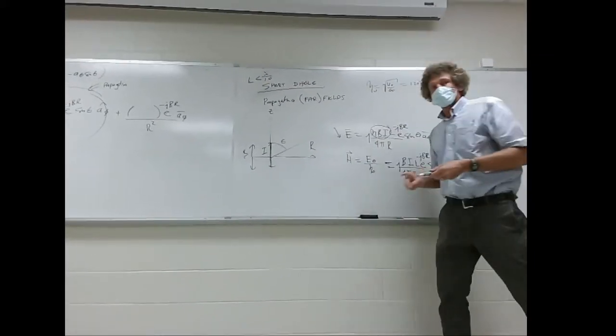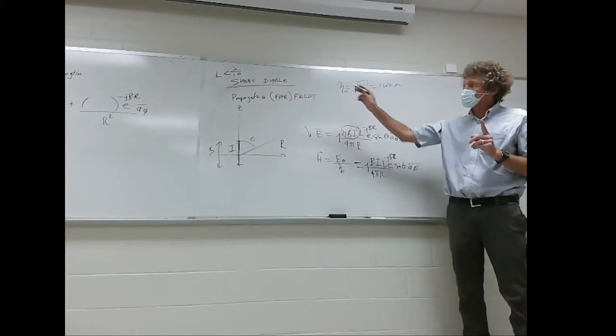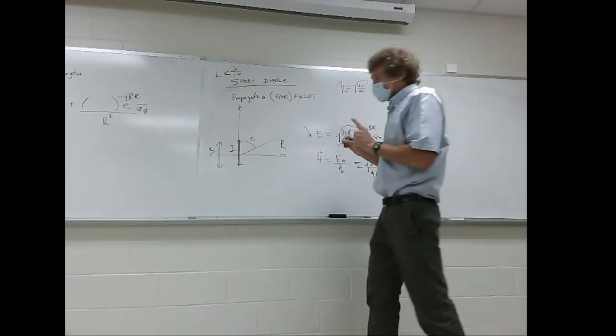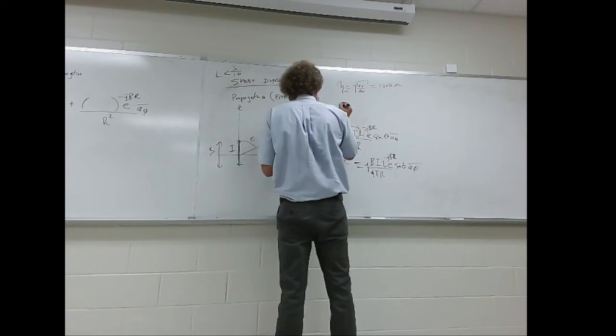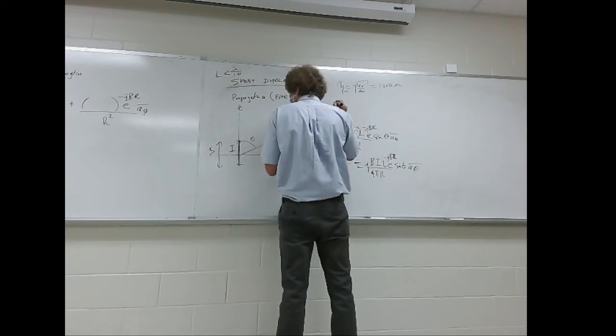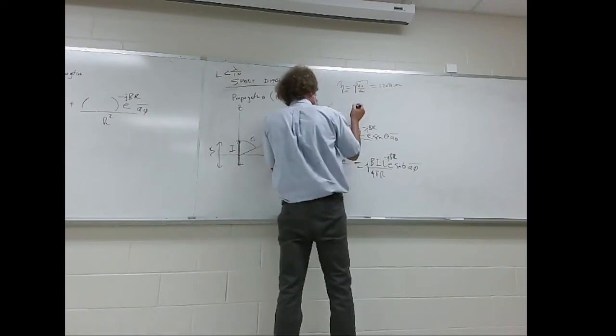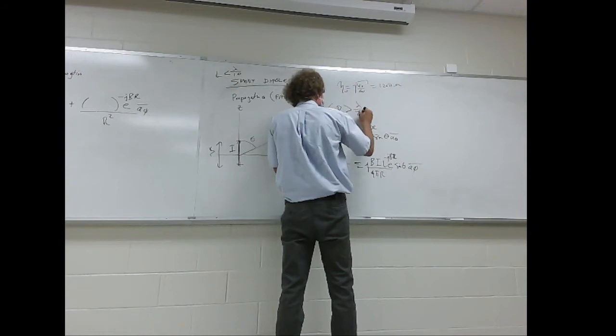So these are E and H from a short dipole. Please put down short dipole, underscore that. And these fields, and write this down, are going to be for distances, I didn't prove this, R greater than lambda over 2 pi.